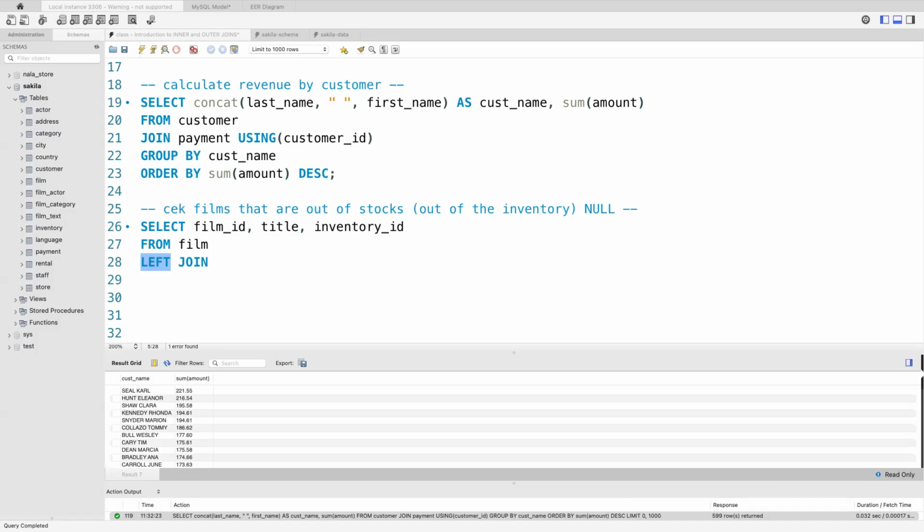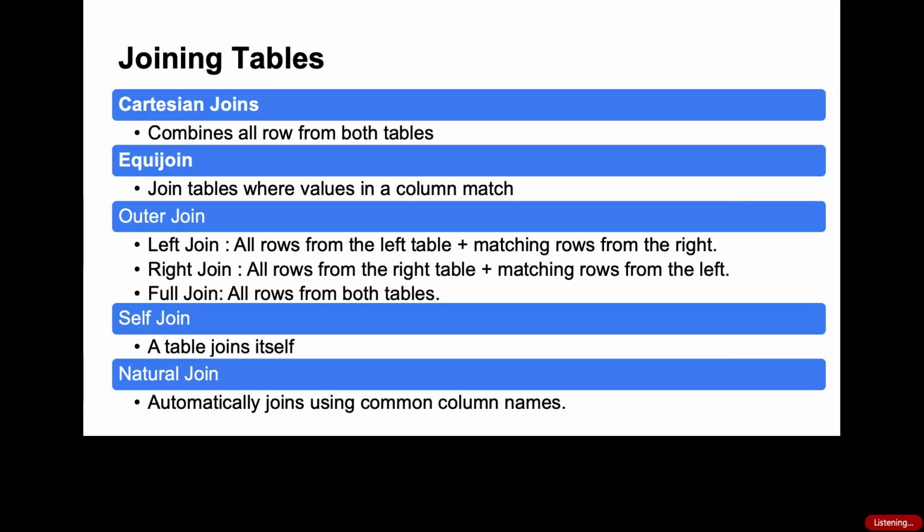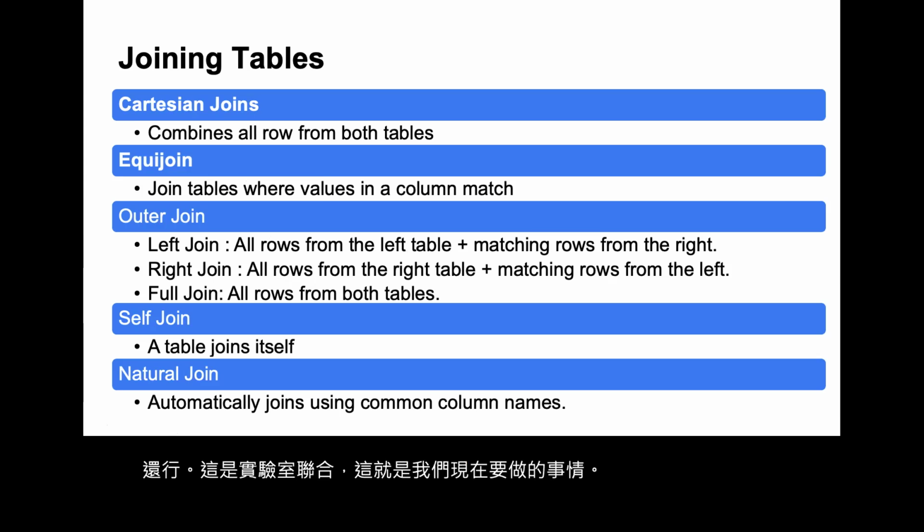Let me show you the slide again. This is the left join, and this is what we are going to do now. All rows from the left table and the matching rows from the right table.